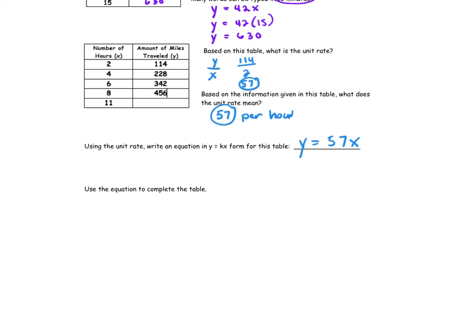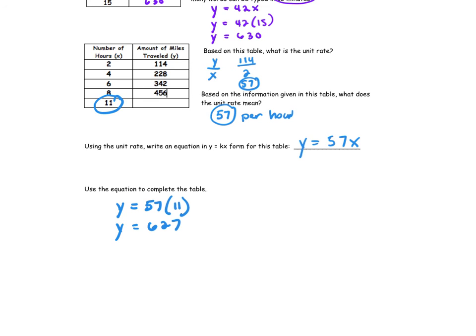What will the equation look like if we use the information that we have to complete the table? Well, we're given the x value. So if I use this equation, y equals 57x, I know that x is now 11, using the information from this table. And so y equals 627.